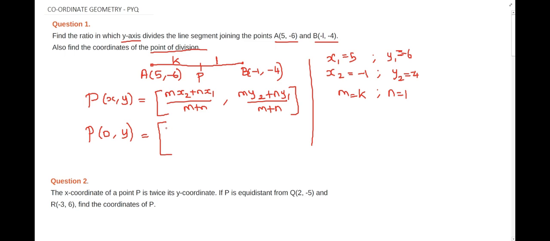So k into -1 plus 1 into 5 by k plus 1, then k into -4 plus 1 into -6 divided by k plus 1.